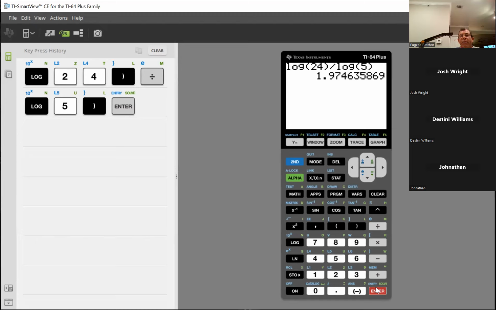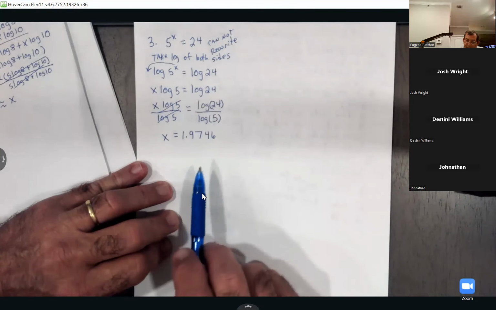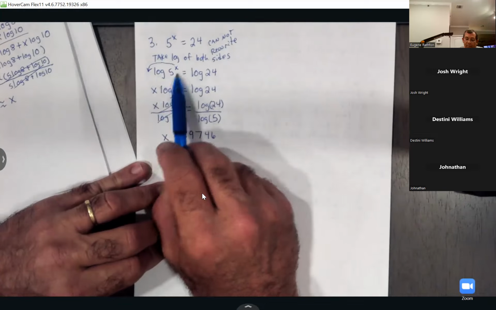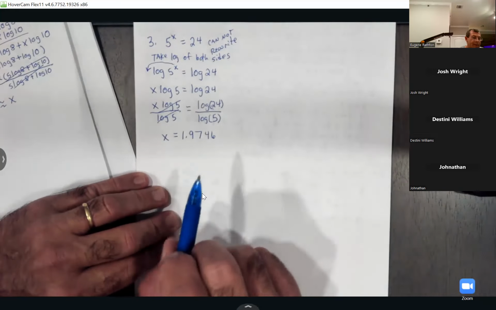Looks like that's going to stay 46 because after the 6 is a 3. So that's going to stay 46. So that's the trick, but with the ones where you gotta rewrite them like this and use the logs, those answers will have decimals, okay?